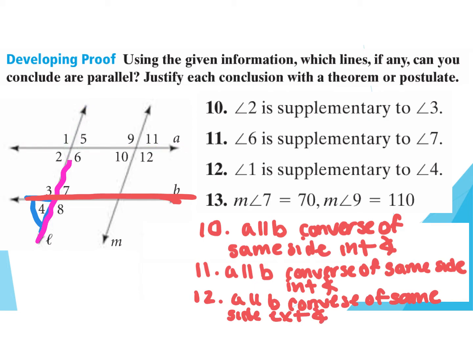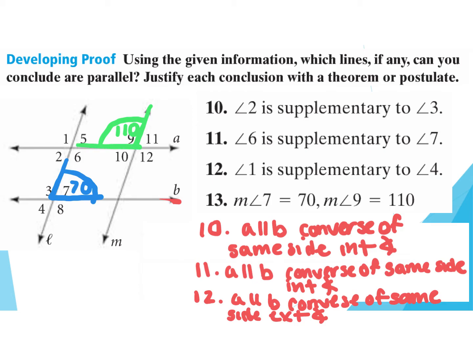And for my last one, I have angle 7 is 70, and angle 9 is 110. Now this is a different one because if I look, the 70 degree angle has these sides right here, and the 110 degree angle has these sides.